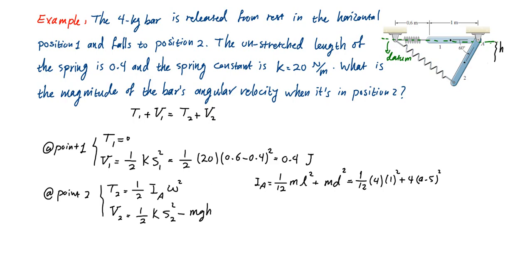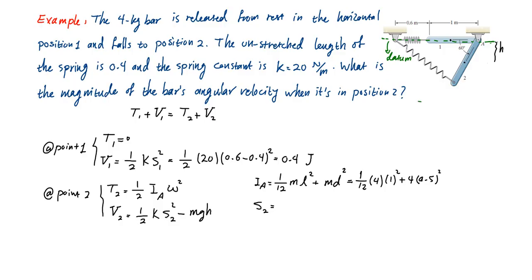The next thing I have to find out is S2, how much the spring is stretched or compressed at point 2. It seems like it's pretty stretched. Now I need to find this length. I know the unstretched length is 0.4. I need to find this length now. From some old math, I write it here.